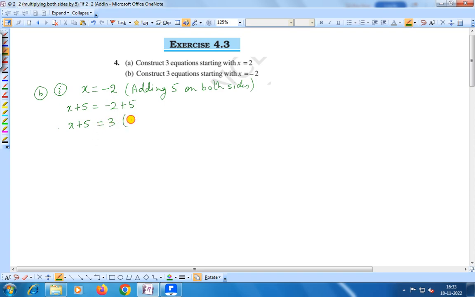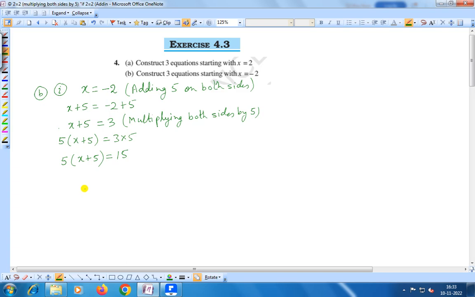Multiplying both sides by 5, you will get 5 into x plus 5 is equal to 3 into 5, or you can say 5 into x plus 5 is equal to 15.